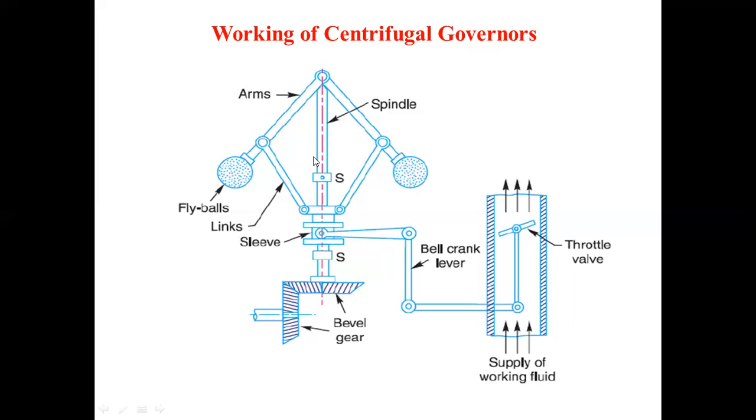When the speed decreases, the centrifugal force acting on the balls decreases, and hence the sleeve starts moving downward along the spindle.